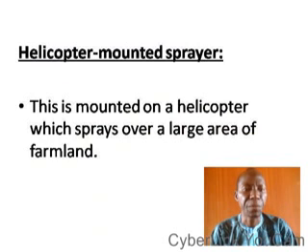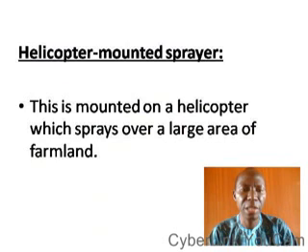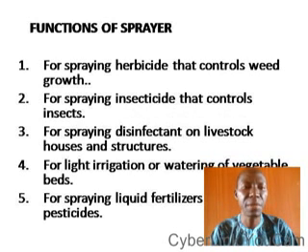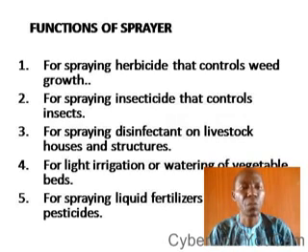The helicopter mounted sprayer is mounted on a helicopter which sprays over a large area of land. This is very essential when you have a farmland that is very large, because it saves time.